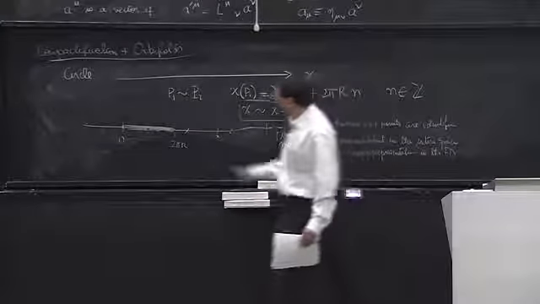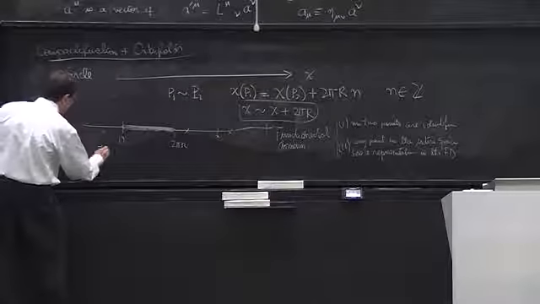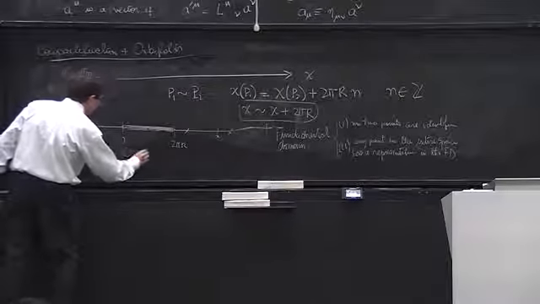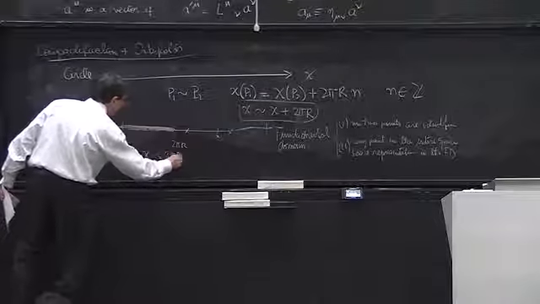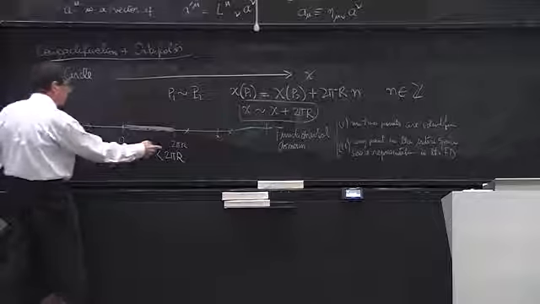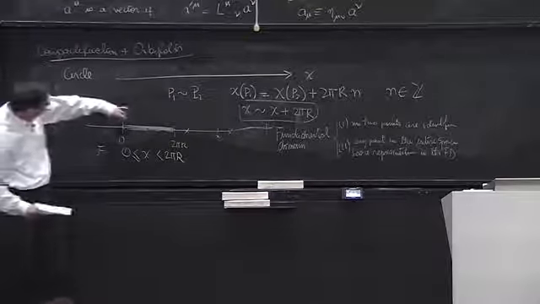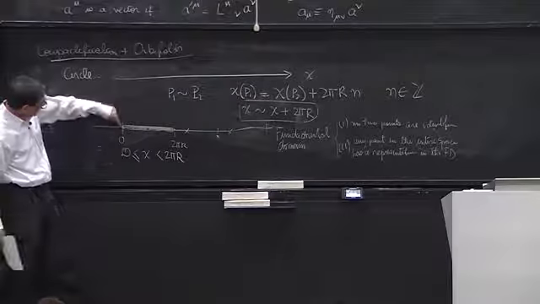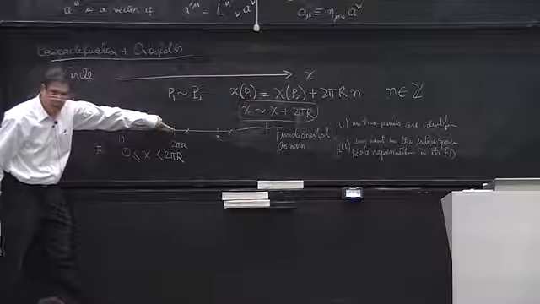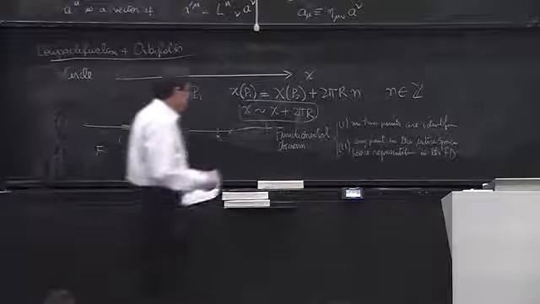So if I want to construct the fundamental domain here, I would say the fundamental domain is the set of points x between 0 and 2 pi r, greater than or equal to 0 and less than 2 pi r, because any 2 points inside cannot be identified, and since I have 0, I shouldn't have 2 pi r. So that's your fundamental domain.